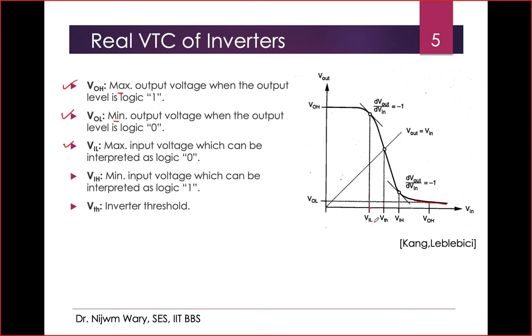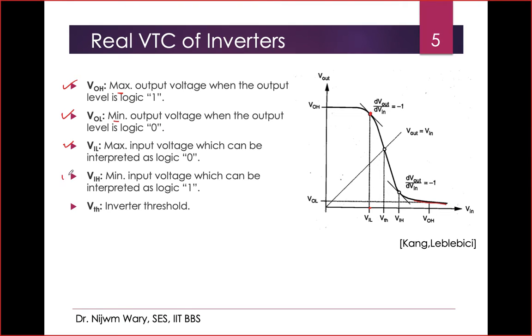This VIL is defined at the point where the slope of this Vout-Vin curve is -1. So where we have the slope dVout by dVin, which is differentiating the output voltage with respect to Vin, wherever the slope is -1, I will call that Vin as VIL.